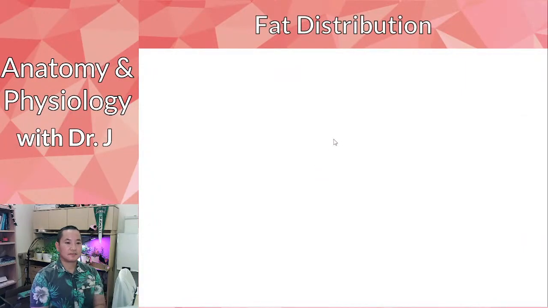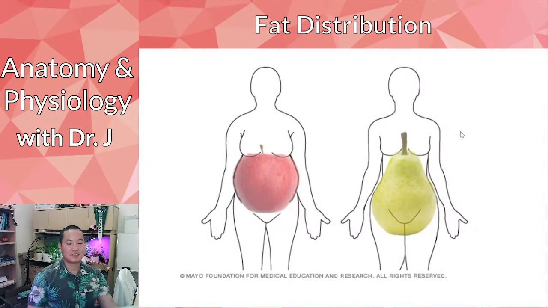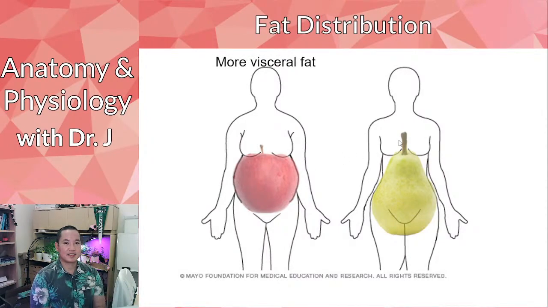Okay, so fat distribution. This goes all the way back to our endocrinology talk about obesity. Remember this whole thing with the apple and pear shape? Do you tend to accumulate fat around the thorax and abdomen, or around the hips? With the apple shape, so to speak, people have more visceral fat, and viscera is that key word that means organ.